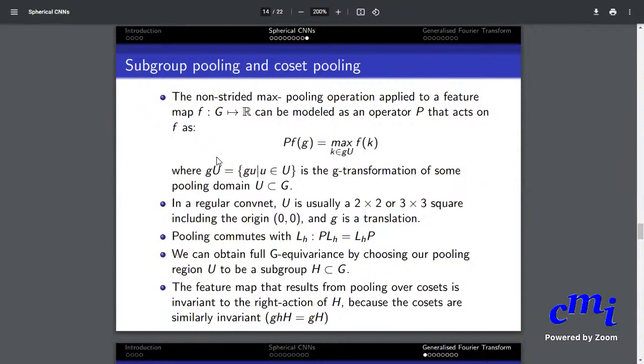No, P is not dependent on G. P is the pooling operator, so that is predefined. Okay, so this is getting applied on G. I see. Yes, so you define this on the group. So P of F sends a group element to the max of F(k) where k belongs to gU.